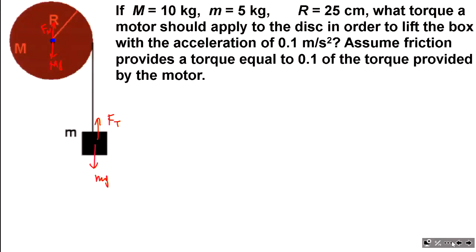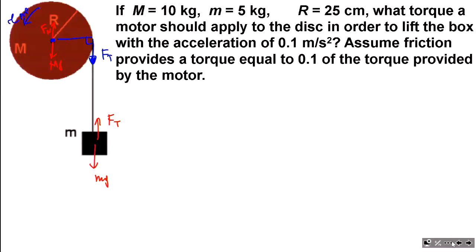So what else do we have? Well, tension doesn't go anywhere. There is a torque due to tension, but also there is a torque due to the engine, the applied torque.